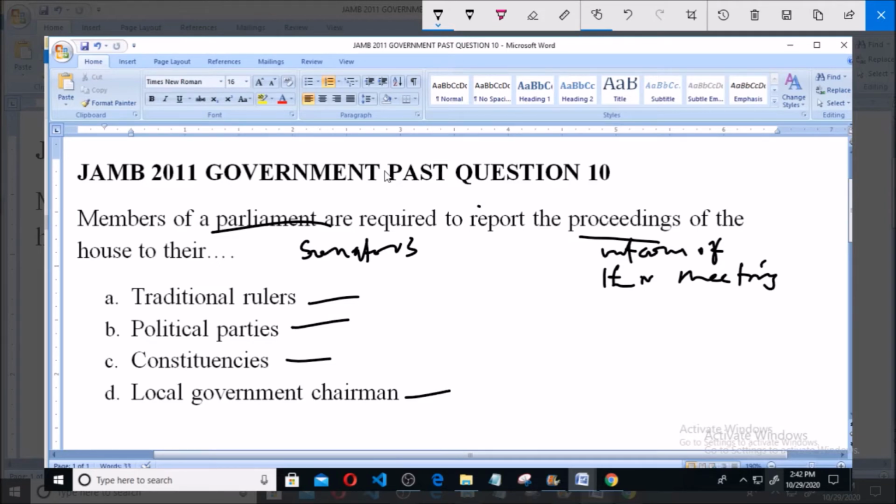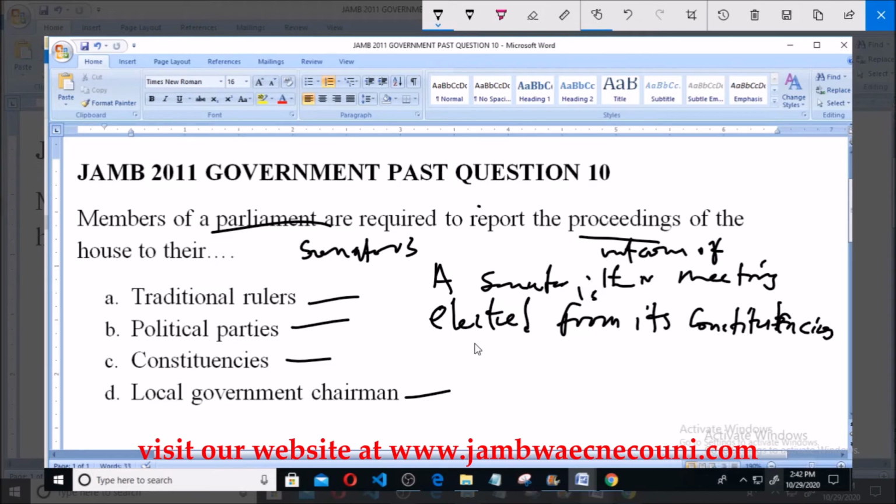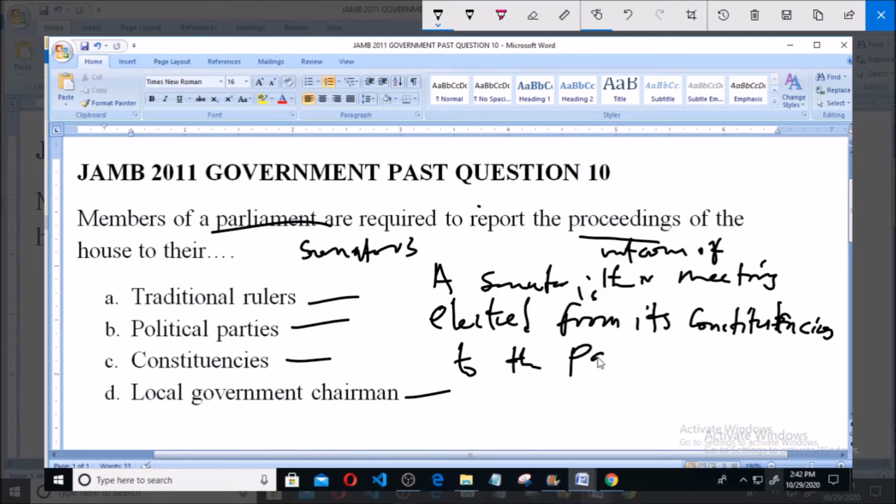And as we all know, a senator is elected from its constituencies, from its constituency to the parliament or house of parliament.